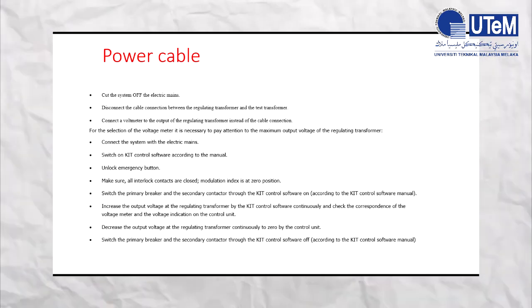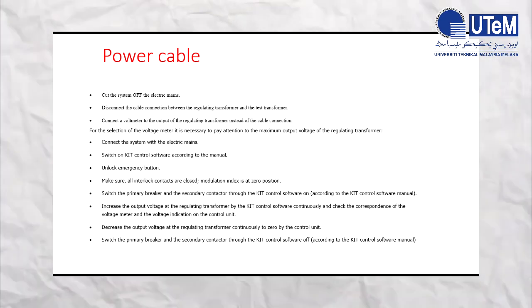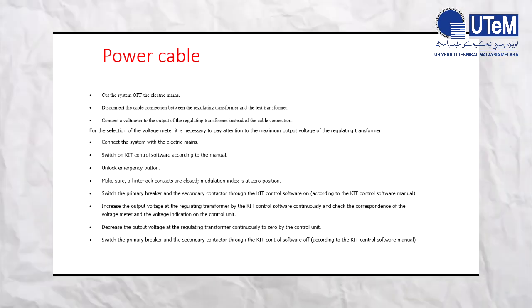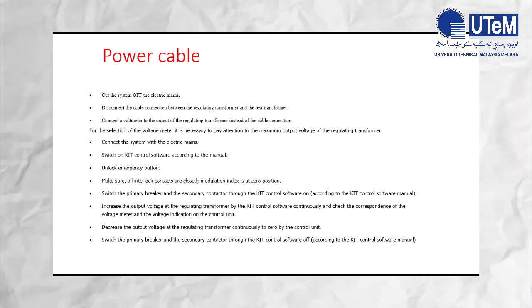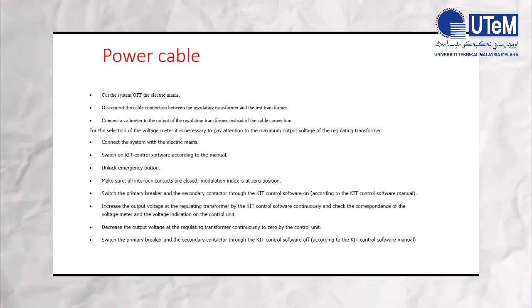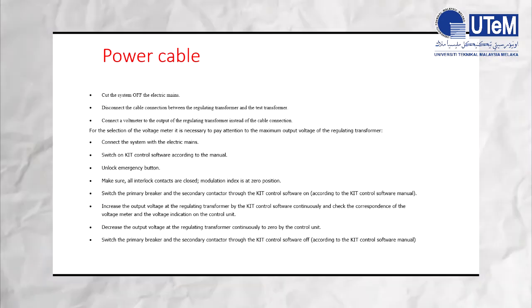Finally, decrease the output voltage at the regulating transformer continuously to 0 by the control unit. Then switch the primary breaker and the secondary contactor off through the kit control software, according to the kit control software manual.